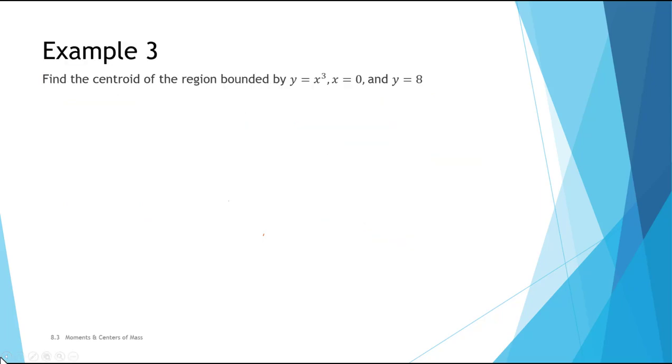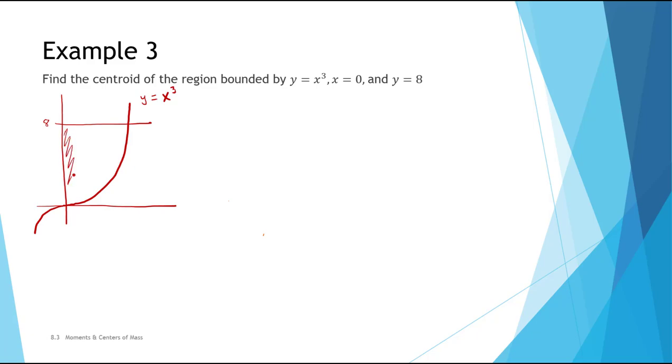Now let's look at an example. So we will find the centroid of the region bounded by the curves y equals x to the third, x equals 0, and y equals 8. First, just to get an understanding, let's sketch these curves. So y equals x to the third looks roughly like this. X equals 0 is the y-axis, and y equals 8 is a horizontal line.